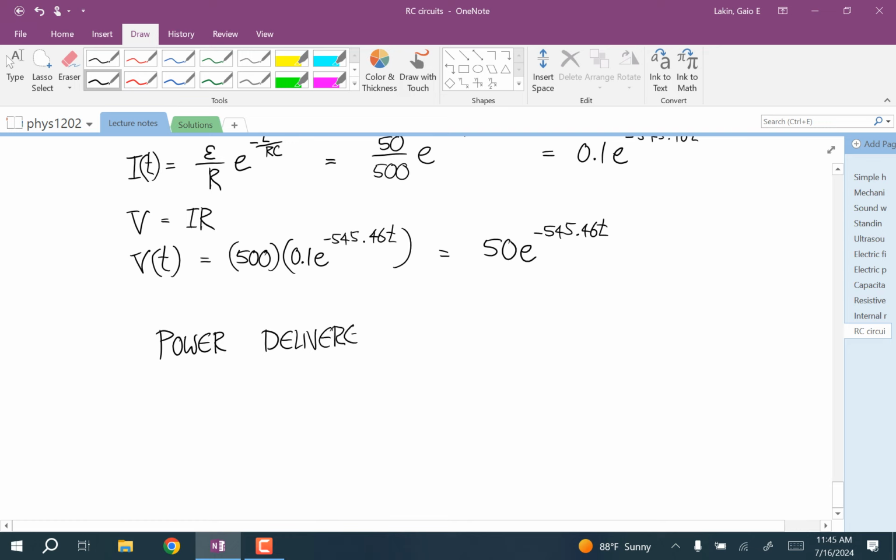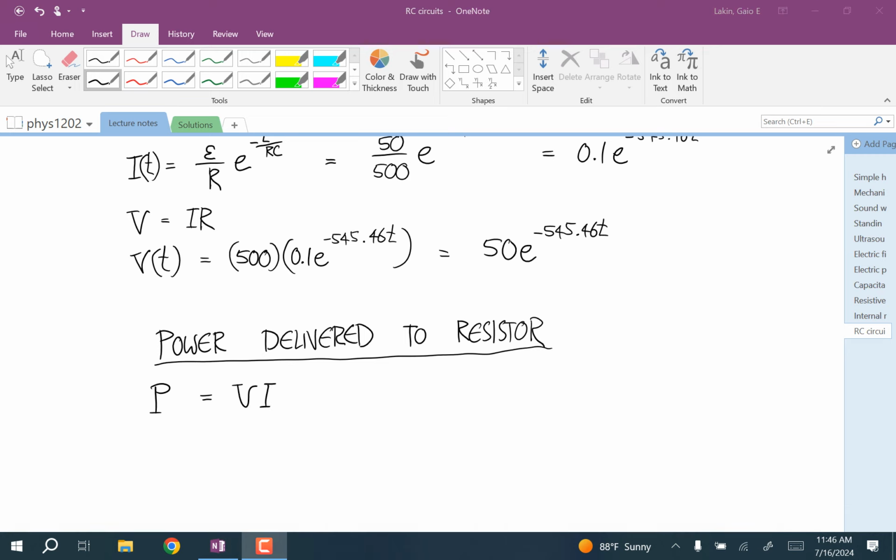And that's just a calculation that involves the two things that we've calculated, voltage and current. So the power delivered to the resistor, capital P, is just the voltage across the resistor times the current through the resistor.